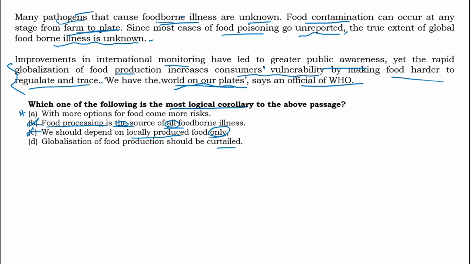He is stressing more about food contamination and foodborne illness rather than globalization. So this statement is also wrong, and it is an extreme statement also. So now we have only one option left, that is option A. It is the most logical corollary to the above passage. Let us check the answer now. Yeah, we have selected the correct option.